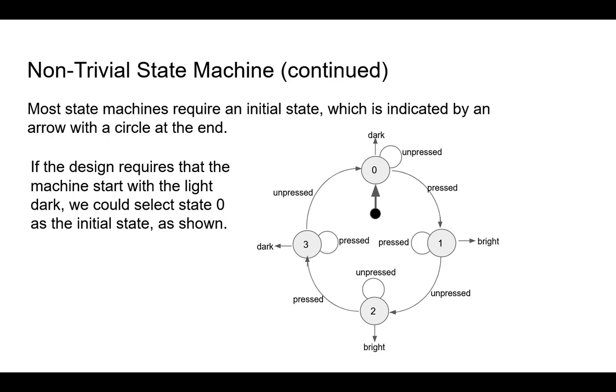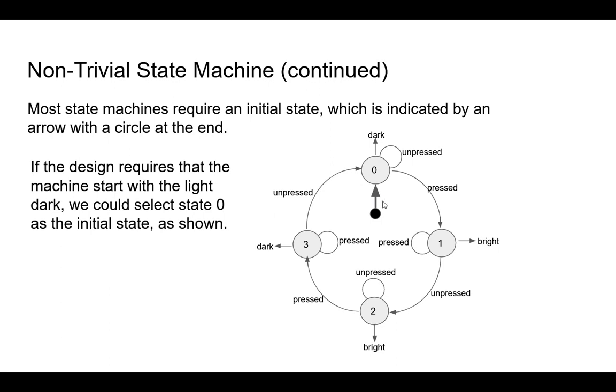And so this would show that we start our machine in state 0. We do that by showing this little arrow with a dark circle at the end of it. This is called the initial state or the initial condition for this particular machine.